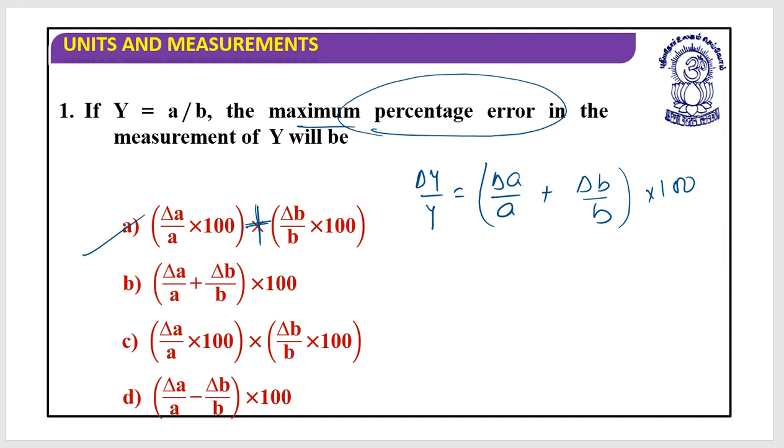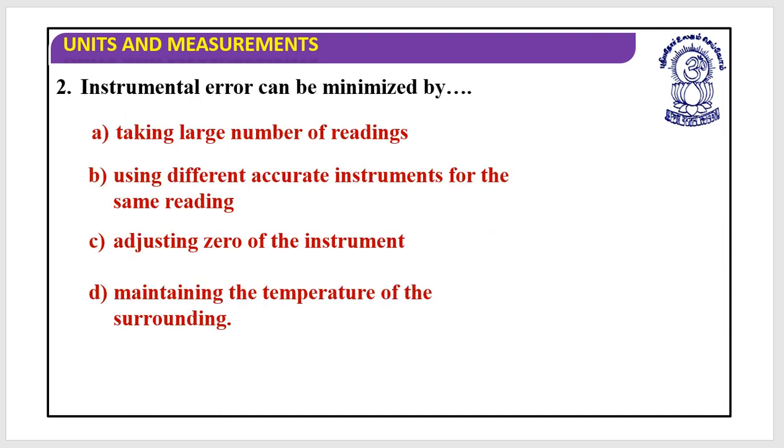Yes. Next question. Instrumental error can be minimized by, you remember? Yes. So let's look at the options. Taking a large number of readings, using different accurate instruments for the same reading, adjusting zero of the instrument, and maintaining the temperature of the surrounding.